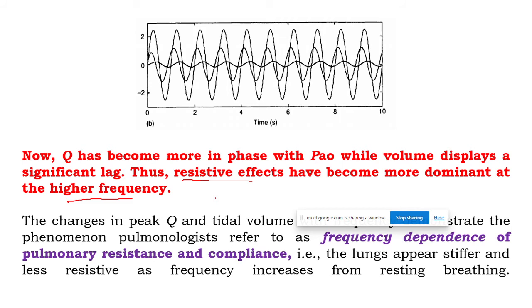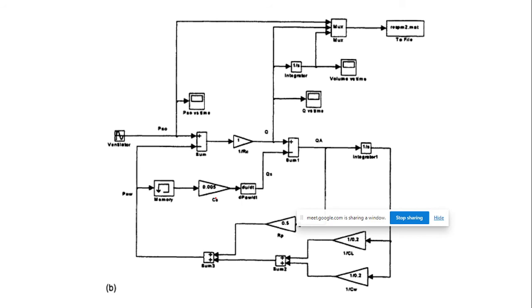For higher frequencies it becomes more and more stiff, with resistive effects. At high frequencies the compliance effect will be less, whereas the resistive effects will be more. That's the inference.